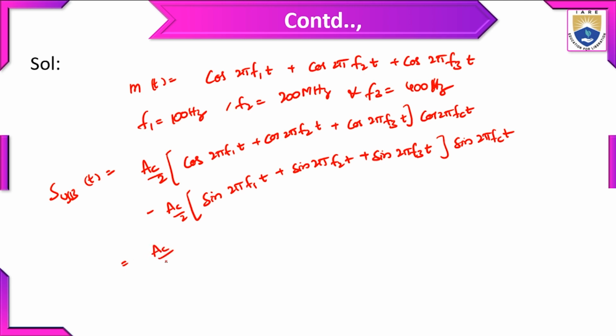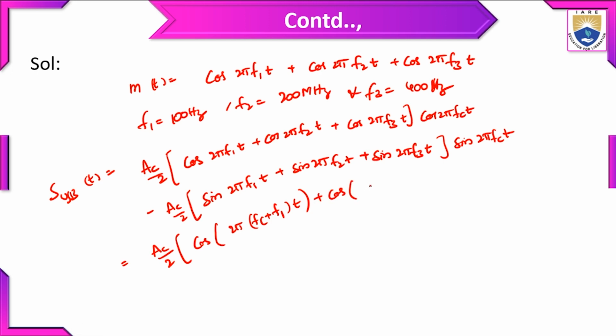Now simplify this expression. (A_c/2) cos of 2π(f1 plus f_c)t, or f_c plus f1, no problem, but generally taking the higher frequency term first, f_c.